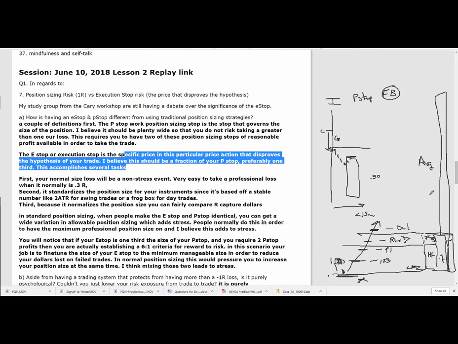So a frog box plus an average range gets me to this range stat price.